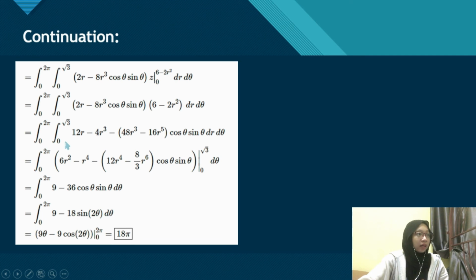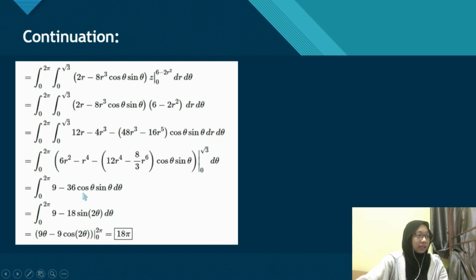Next I integrate it with respect to r, and I got 6r squared minus r to the power of 4 minus 12r to the power of 4 minus 8 over 3 r to the power of 6 cos theta sin theta, and then we substitute the limits 0 to 3 into r, and we got this.